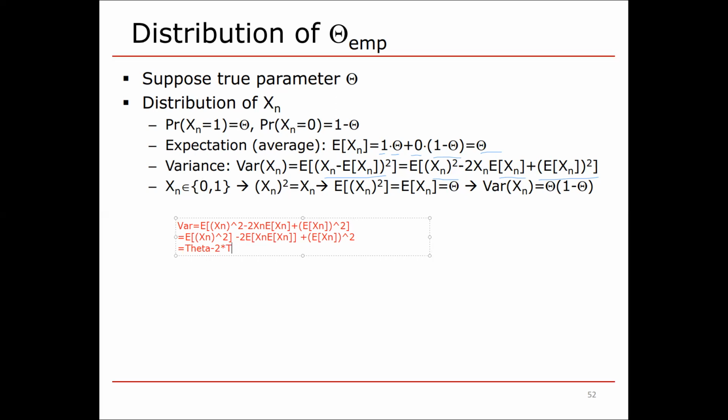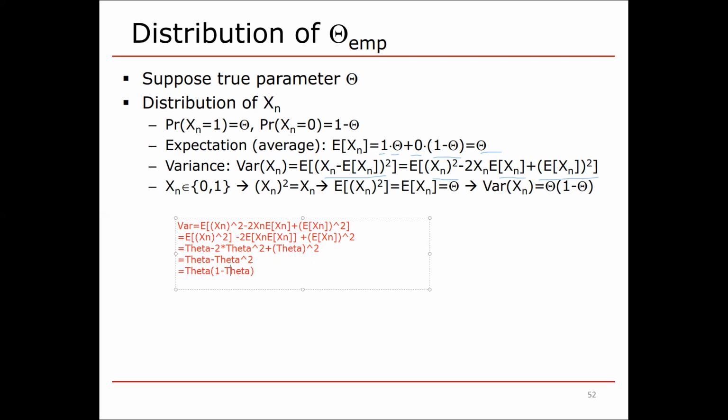This is 2 times theta square. And finally, we're taking the square of E of xn, which is again equal to theta. So we had theta, we subtracted 2 theta square, we added back 1 theta square. So overall we have theta minus theta square, which is equal to theta multiplied by 1 minus theta.